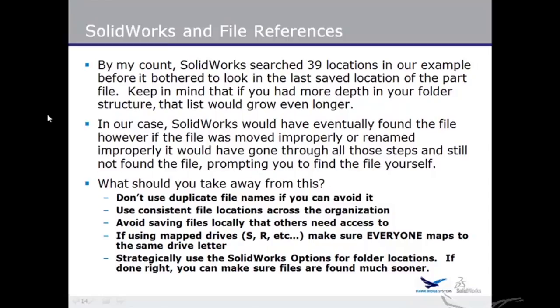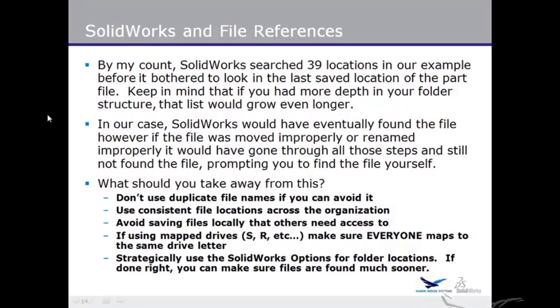So if it's searching maybe 100 locations, you are going to see a definite speed decrease when trying to open these assemblies, especially if it's running through this algorithm for every single file in a 100-part assembly. You guys can probably see how the time would add up there, so I'm not going to dive into it too much.